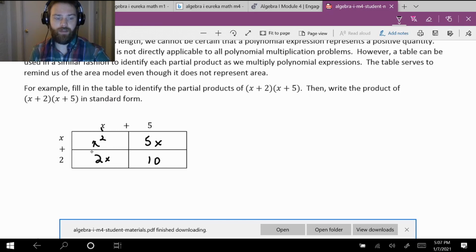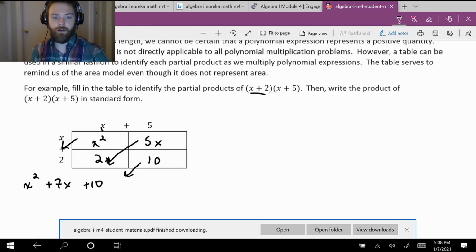So then I can add things up. So I only add along the diagonals because those are the only ones that have like terms. So over here I've got x squared. And then over here I've got 7x. And then over here I've got 10. And that's it. That's all this quadratic is.